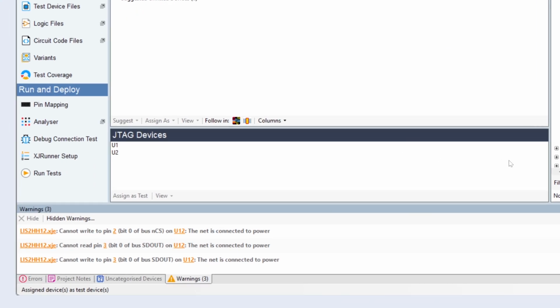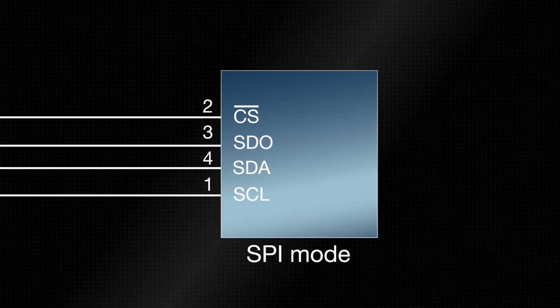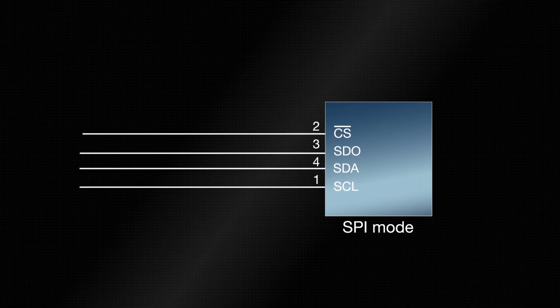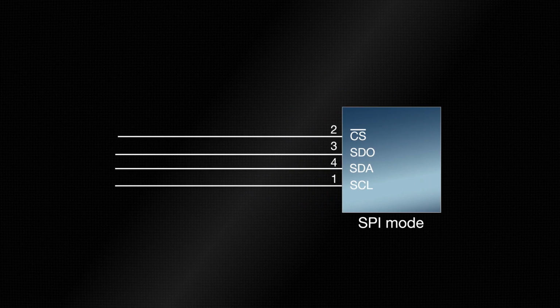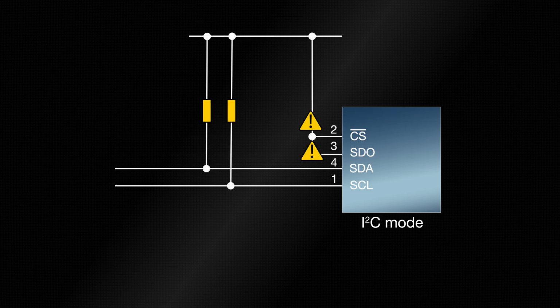The other thing to think about now is how to deal with certain warning messages. Let's take the example of an IC that supports multiple interfaces, say a device that can be controlled over either SPI or I2C. If your implementation only uses I2C, it's quite likely that some of the SPI pins may be inaccessible.